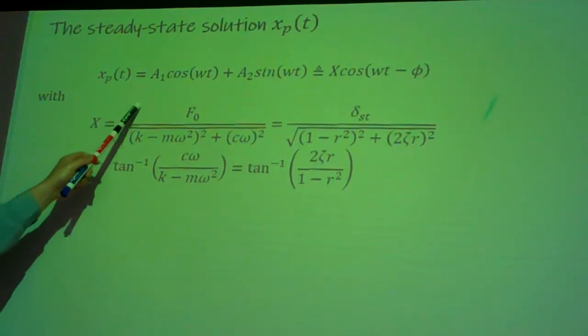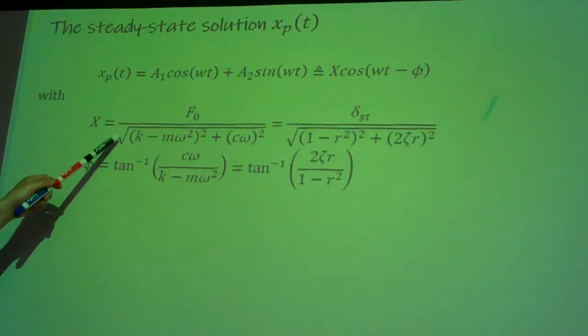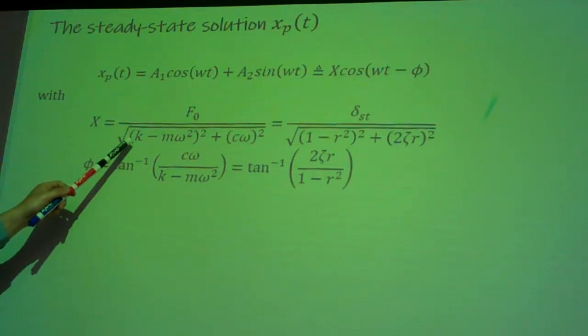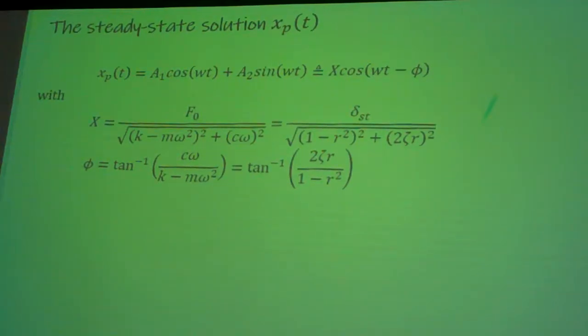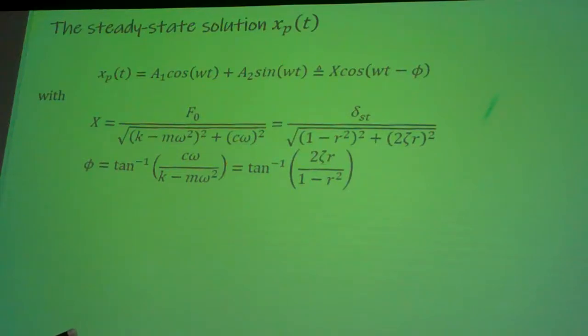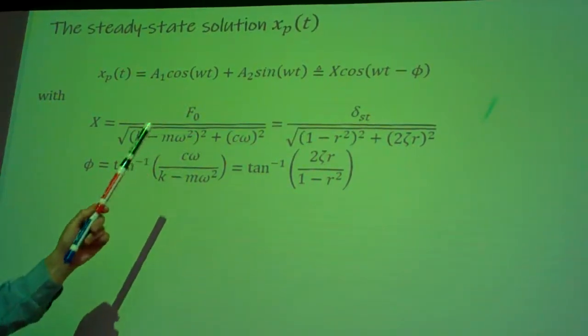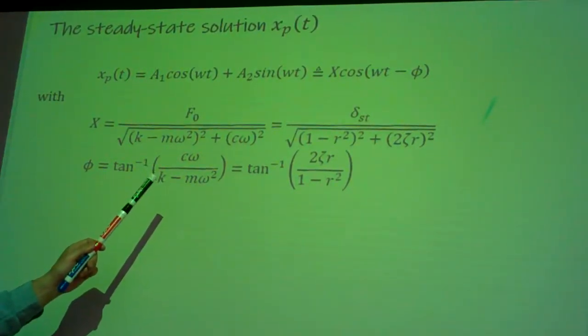Okay, so among those long expressions, we can classify into two parts. The first part is from the system itself, which means K, M, and C. The second portion is from the applied external excitation. That means from F naught, the magnitude of the harmonic excitation, and from omega, the working frequency.